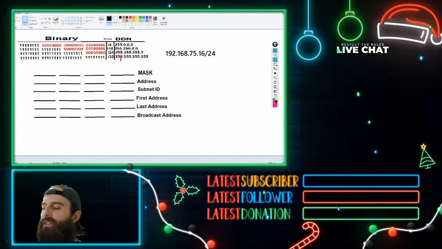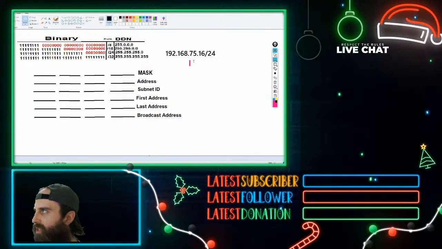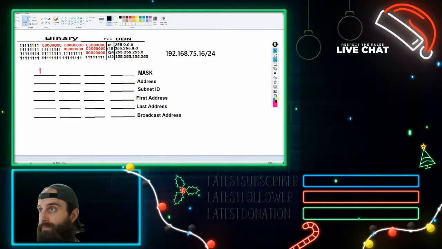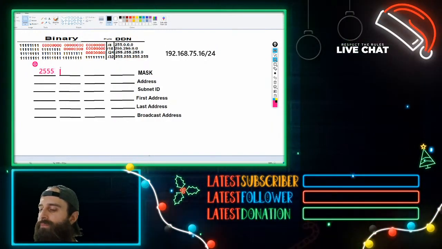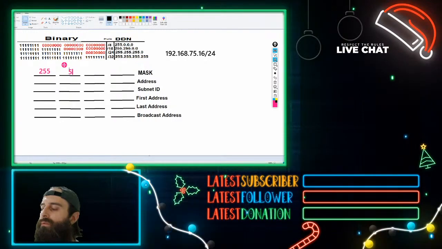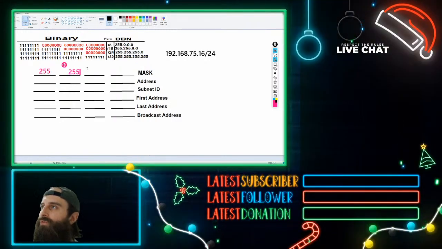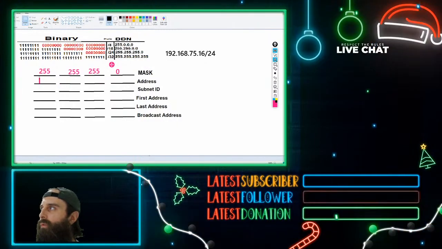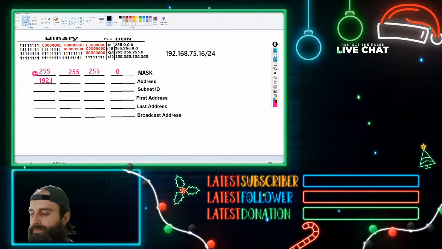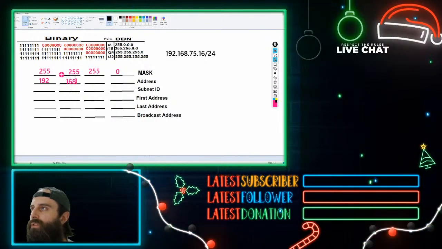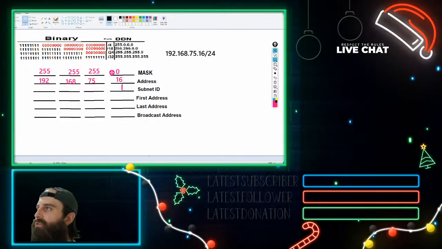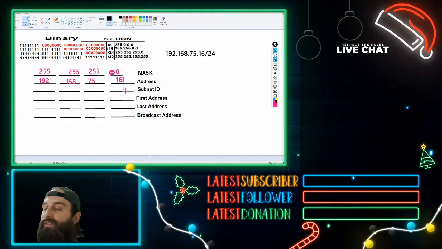So the dotted decimal notation for the subnet mask 24 again is 255.255.255.0. Let's write down our address, 192.168.75.16. So that's the address that we want to find this information for.